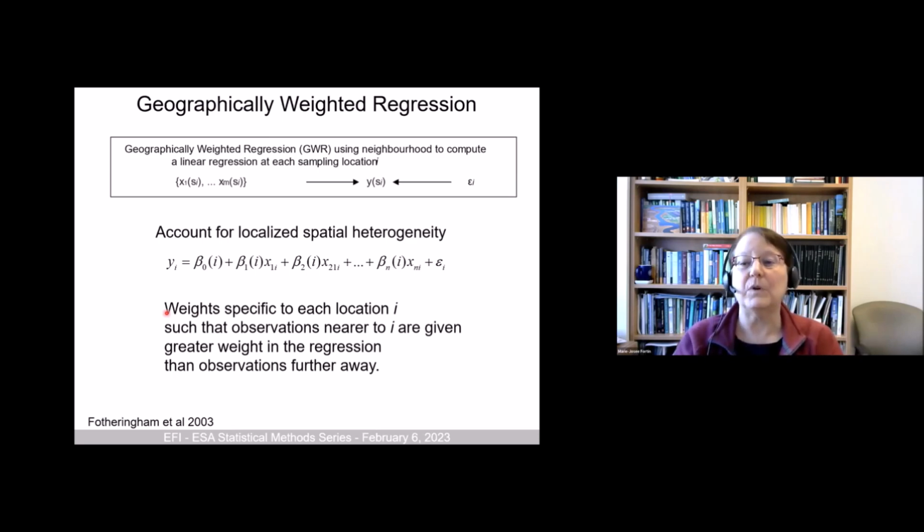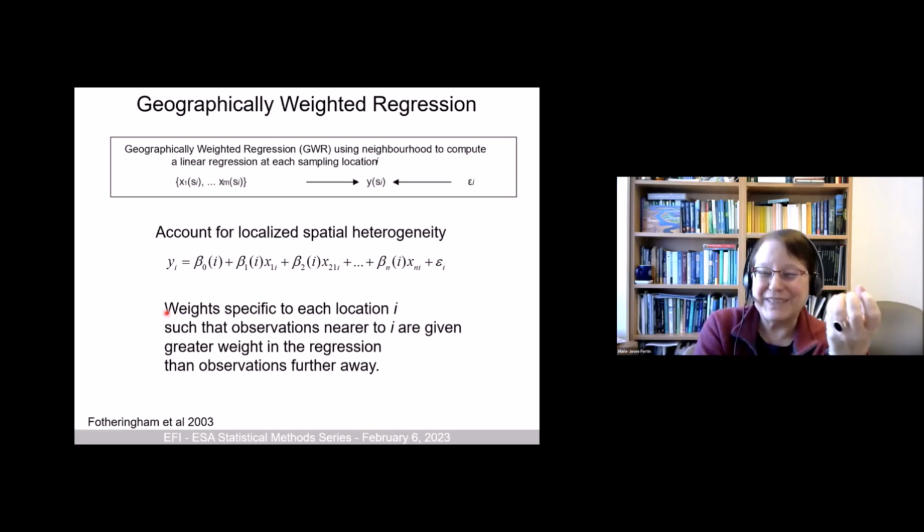So you can decide, I want a certain number of neighbors to have a regression that is strong enough, or I want to include some kind of distance. So there are different ways of defining your neighborhood to compute the spatial autocorrelation. And because you are doing a regression for each location, you have the best possibility for this regional context.